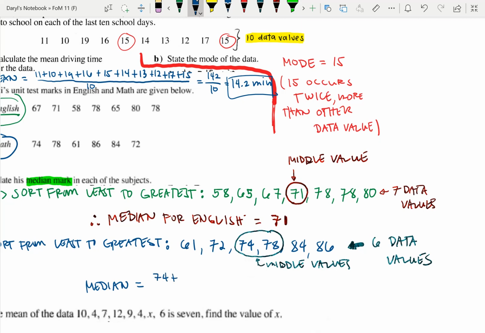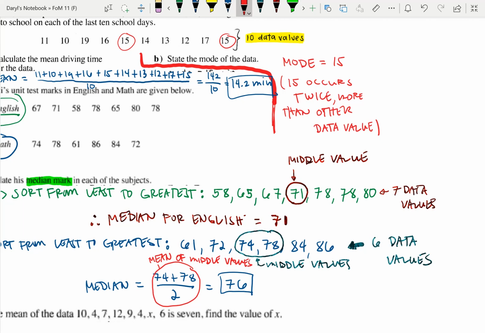So 74 plus 78 divided by 2, which gives you 76. So the median is 76. So again, this is just the mean of the middle values.